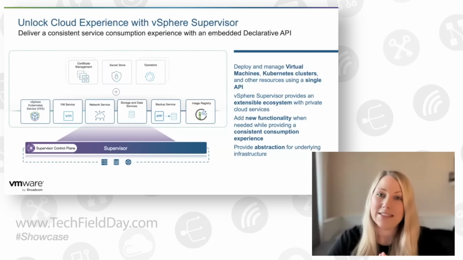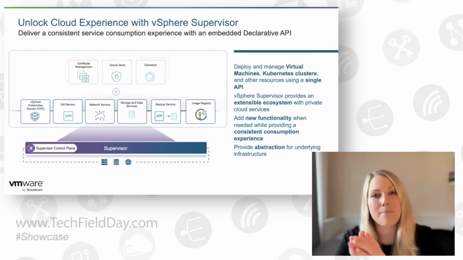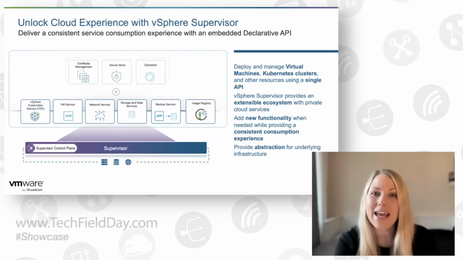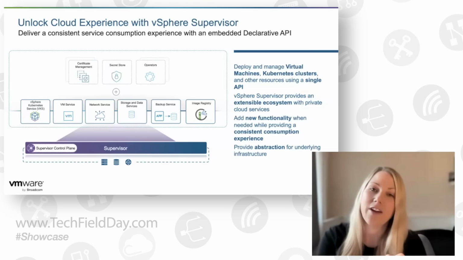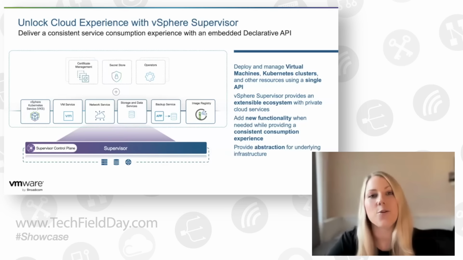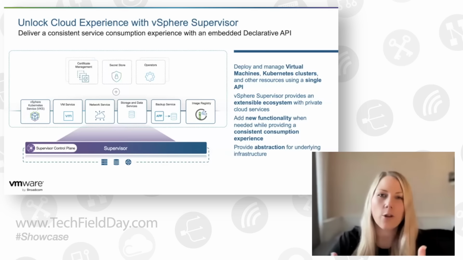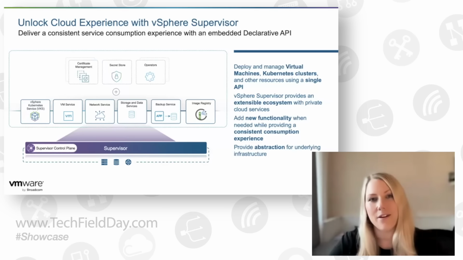But the best thing about this extensibility is that having the same target and the same declarative API guarantees that you will have the same consumption experience as well. So we're no longer talking about integration points, but the native deployment of functionality into one location.